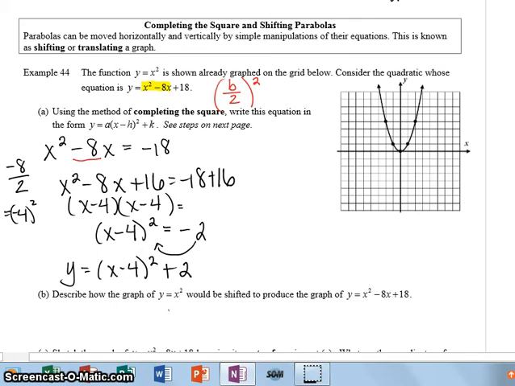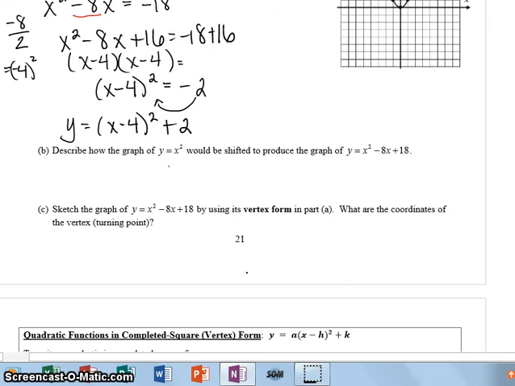All right, part B, describe how the graph of y equals x squared would be shifted to produce that graph. Well, you have to memorize that whatever's inside the parentheses is the movement of the x. So x normally moves left and right, but because it's in the parentheses, it is opposite. So when you normally think minus 4 would be 4 to the left, that really means you're moving 4 to the right.